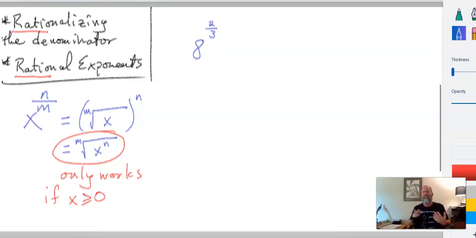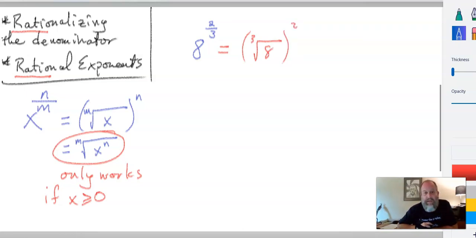Because when we look at an exponent, we think of it as how many times something is multiplied by itself. And how do you multiply something by itself 2/3 of a time? So this is how it ends up playing out. If we just use this definition, this is the cube root of 8 squared.